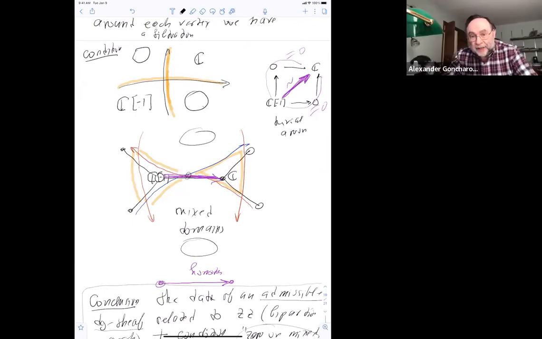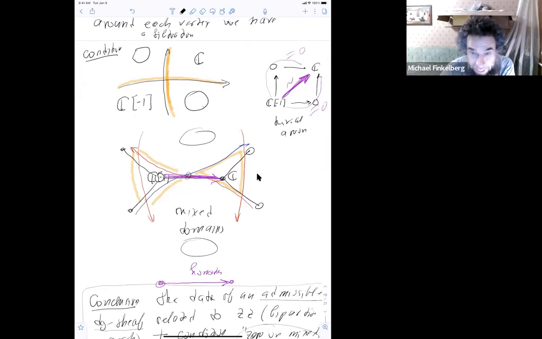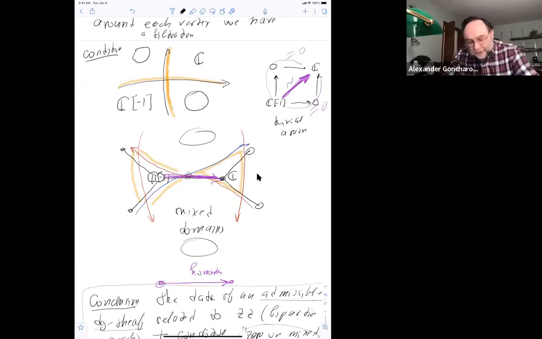Now also impose an auxiliary condition that they're all one-dimensional. So we can say they're one-dimensional at the end of the day, but that's not that important.